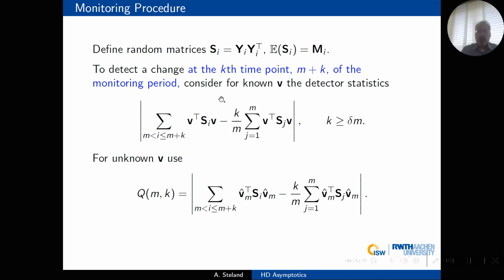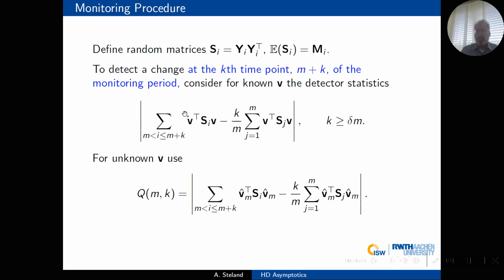To detect a change point at time point m plus k of the monitoring period, we consider for known v the following CUSUM type detector, where we accumulate our evidence in terms of v prime S_i v, where S_i is the outer product of our observational vector y_i.